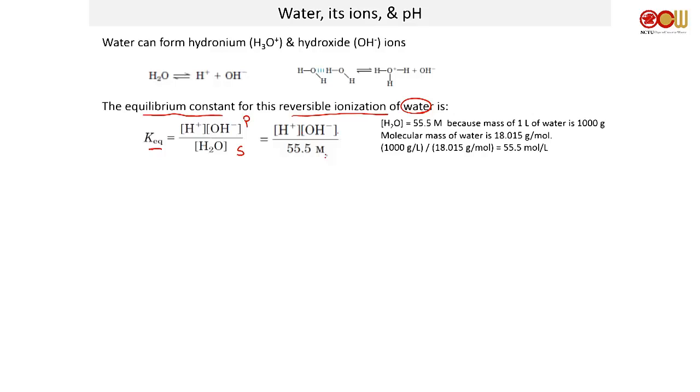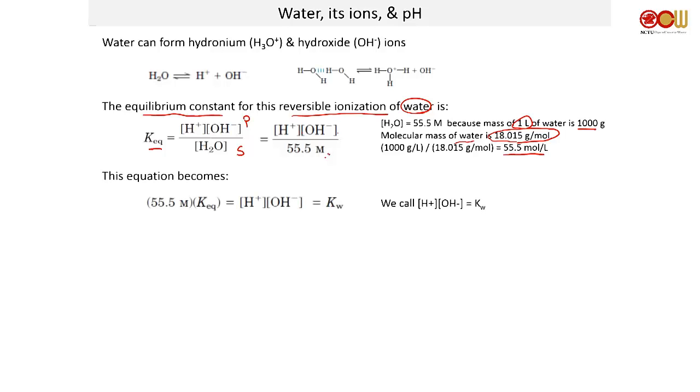This is the concentration of water in water. How do you know that? The mass of 1 liter of water is 1,000 grams, and the molecular mass of water is 18 grams per mole. So you take 1,000 divided by 18 grams per mole and you get 55.5 moles per liter. So this is the concentration of water.